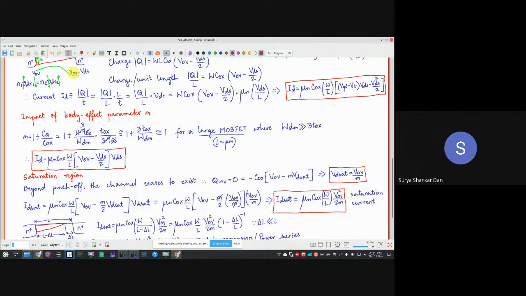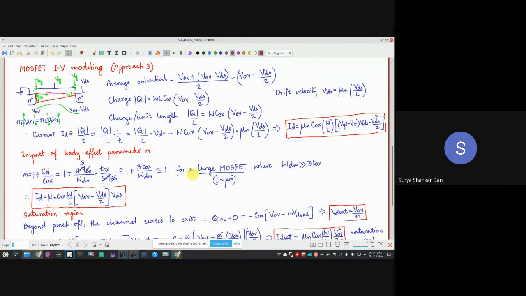So I think that is what I wrote here. Beyond the pinch off, the channel ceases to exist. So why does that happen? Because if you are applying a higher lateral field, so VDS you are increasing, there will be more depletion on the drain side.